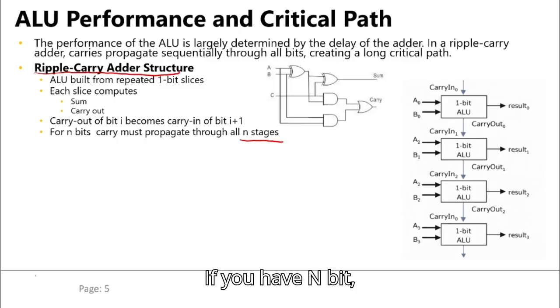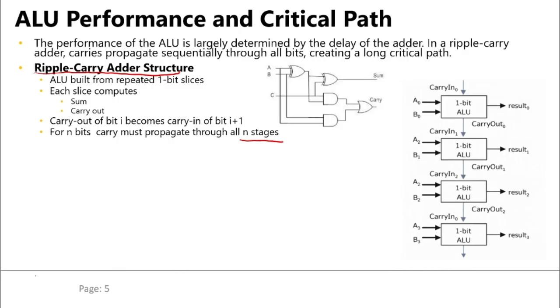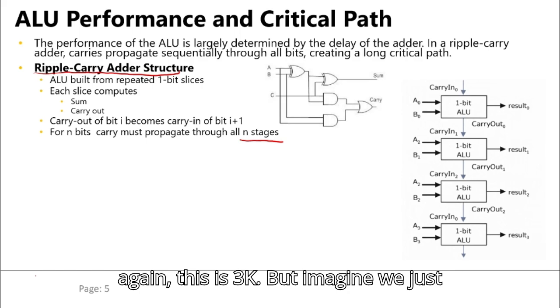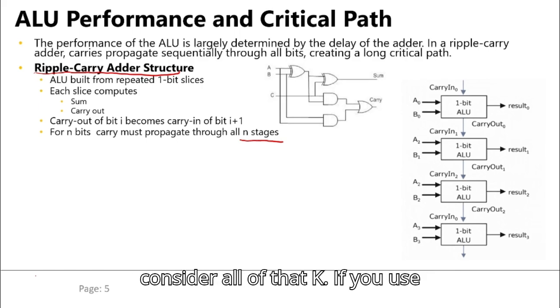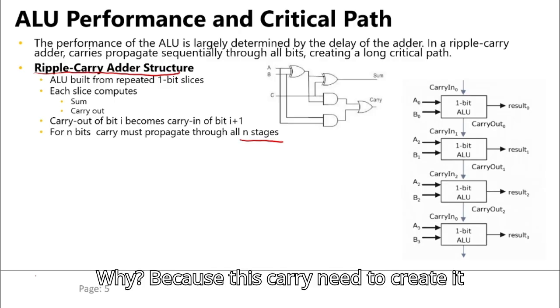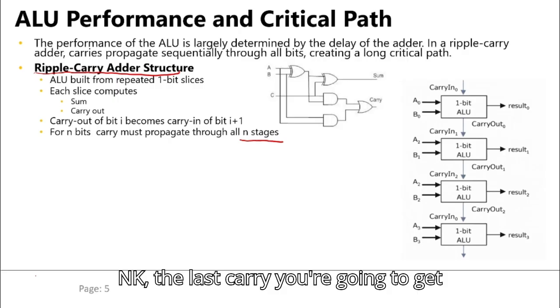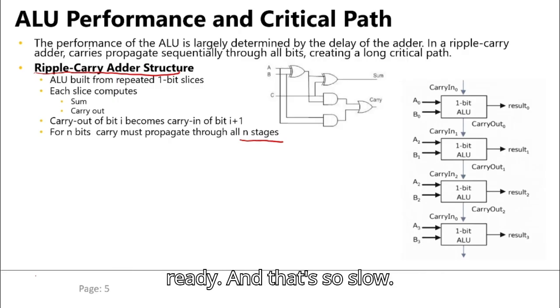If you have n bits, and the propagation time for one of them is, for example, k, then imagine we just consider all of that as k. If we use n bits, we need nk. Why? Because this carry needs to be created here, then go through another propagation, go there, and after nk the last carry is ready. That's so slow. We don't want to waste our time.